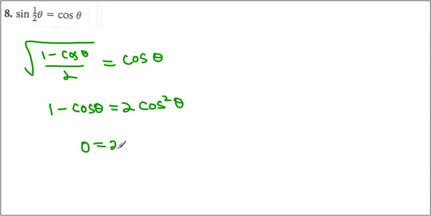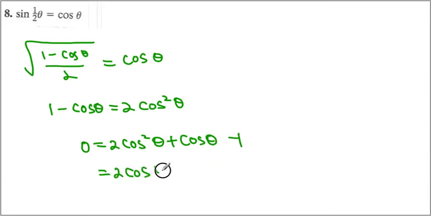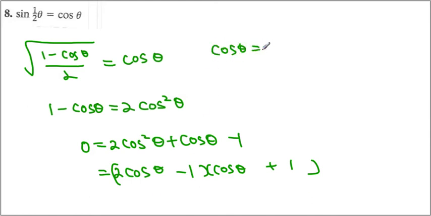We get 0 equals 2 cosine squared theta plus cosine theta minus 1. Then here we have 2 cosine theta and cosine theta here. To have the positive theta, we have to have positive 1 here while negative 1 over here. Then we realize that cosine theta has to be equal to either 1/2 or negative 1.